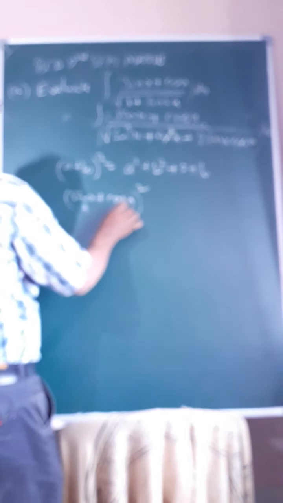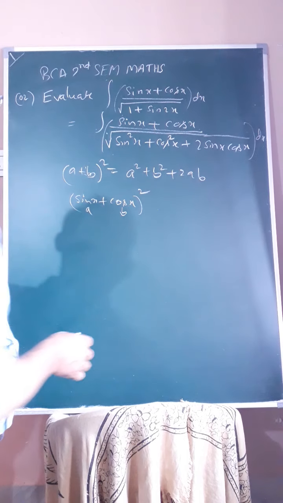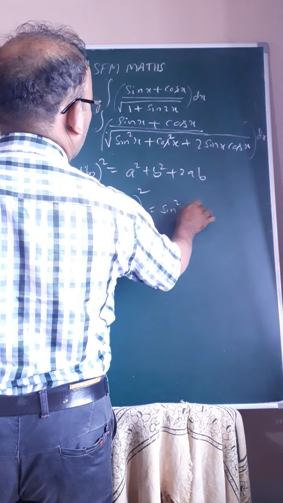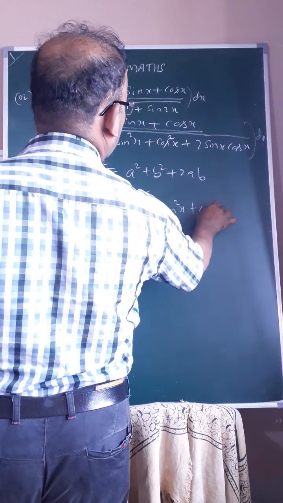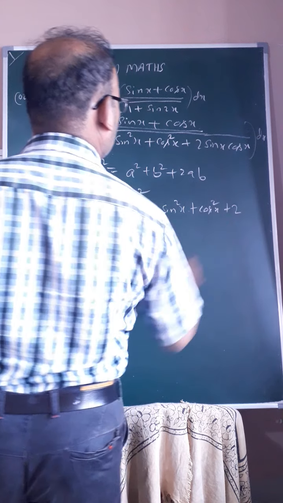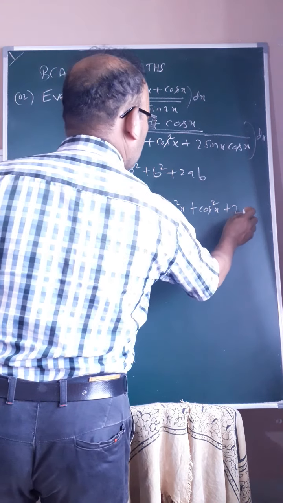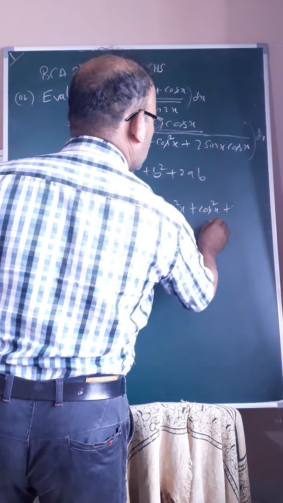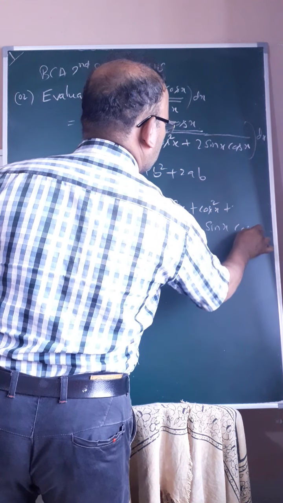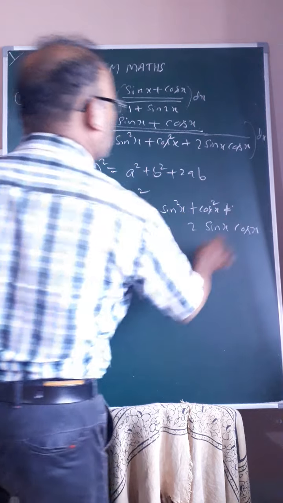Here this is a and this is b. Sin square x plus cos square x plus 2 sin x cos x.